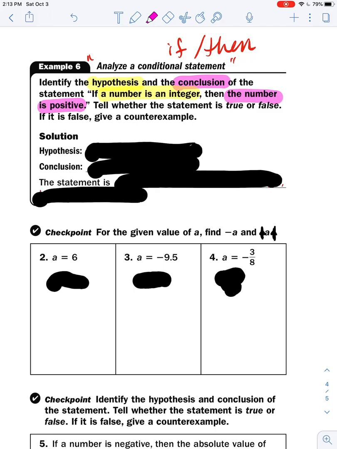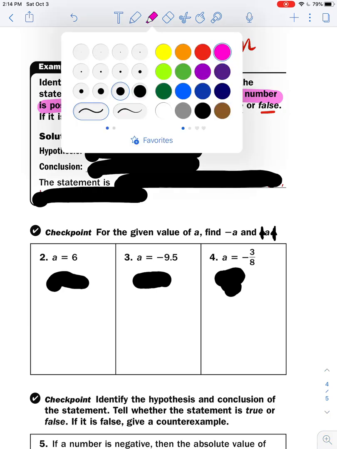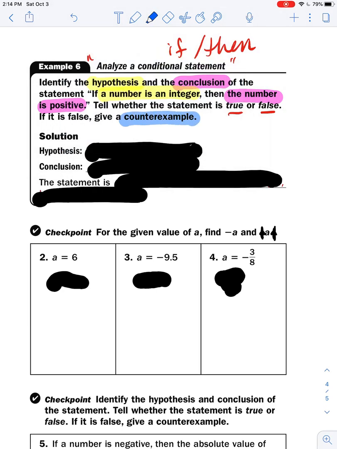So just because you've made a conditional statement doesn't mean it's true. This is saying, tell whether the statement is true or false. If it is false, give what they call a counterexample. A counterexample means you say, that's not true because I can think of this number that is an integer but is not positive. So think back to what we talked about with integers.